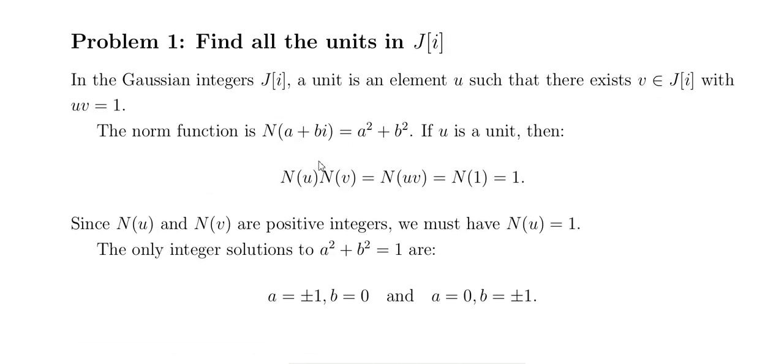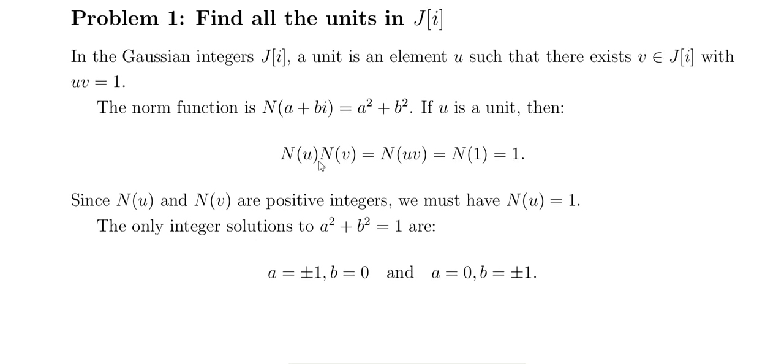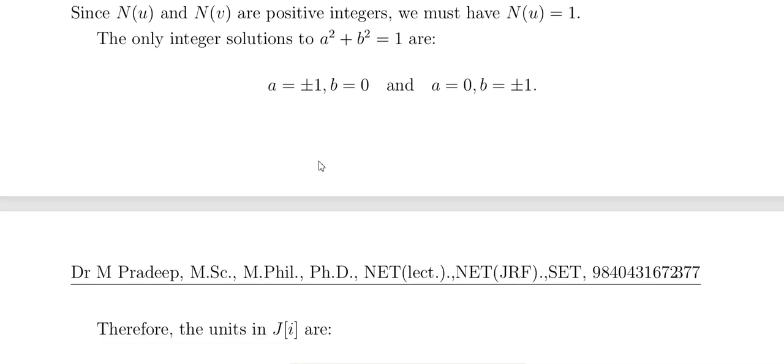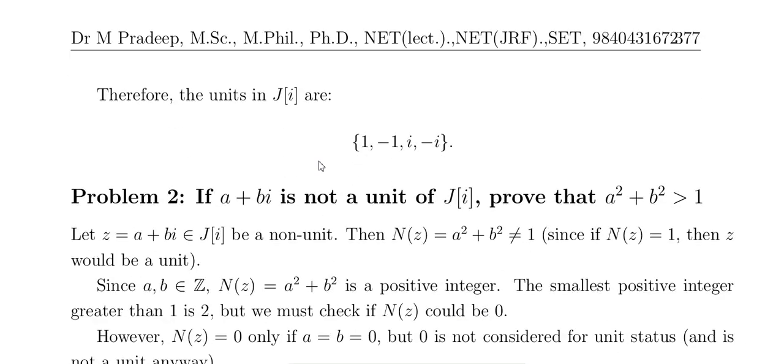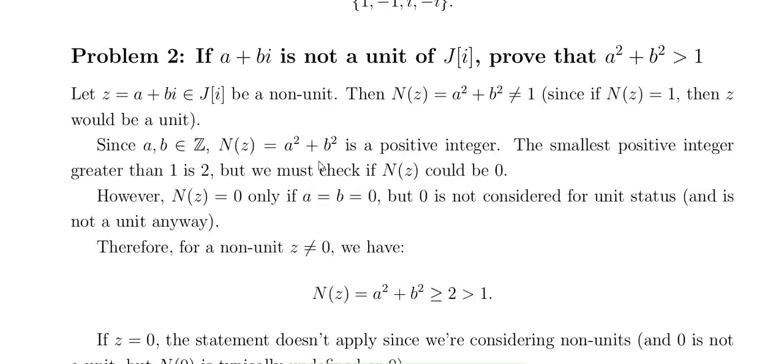So the units we can find for Z[i] are plus or minus 1 and plus or minus i. We already saw that.